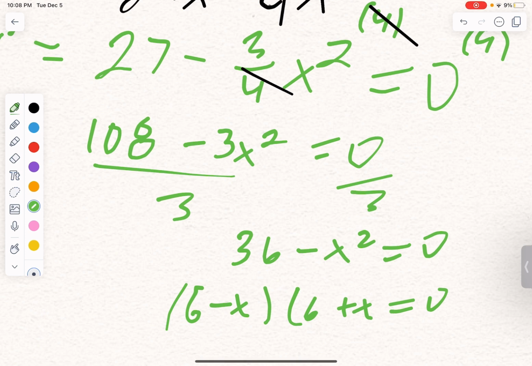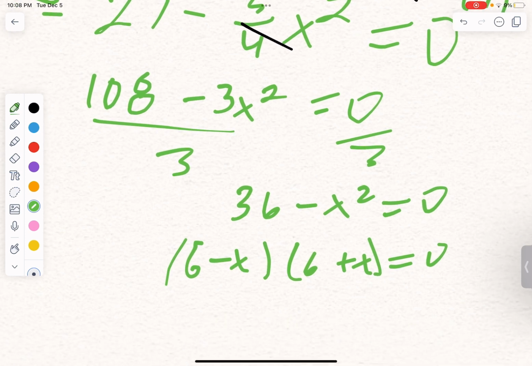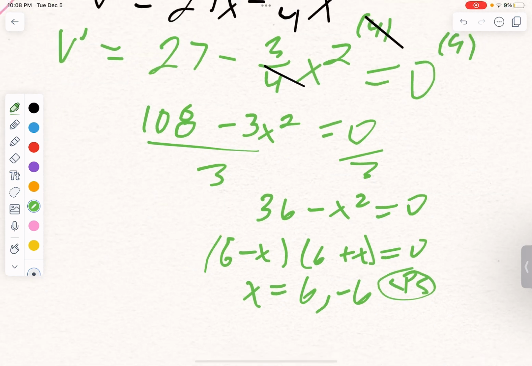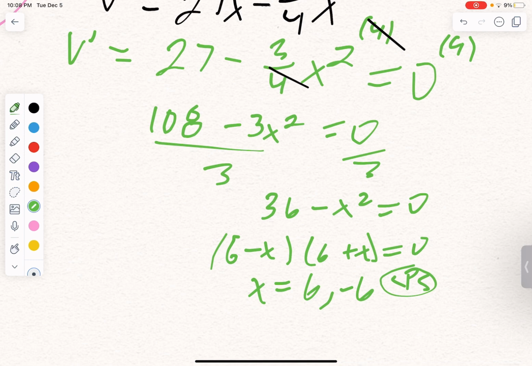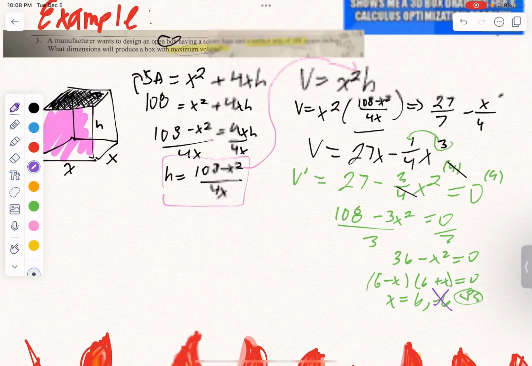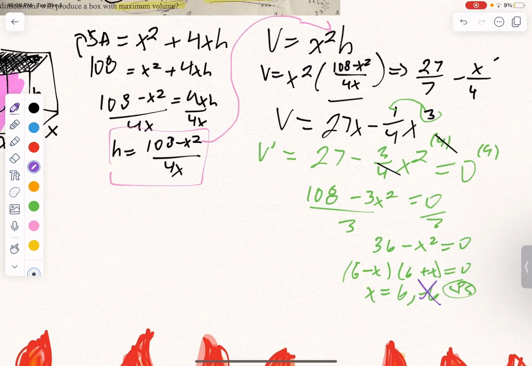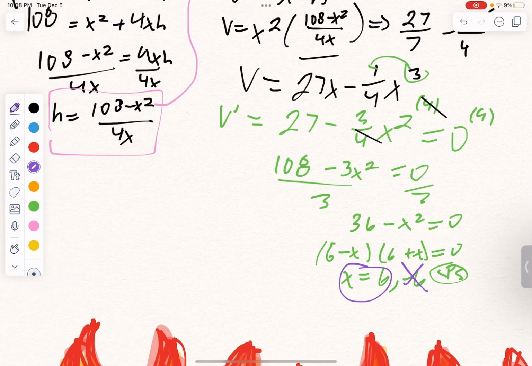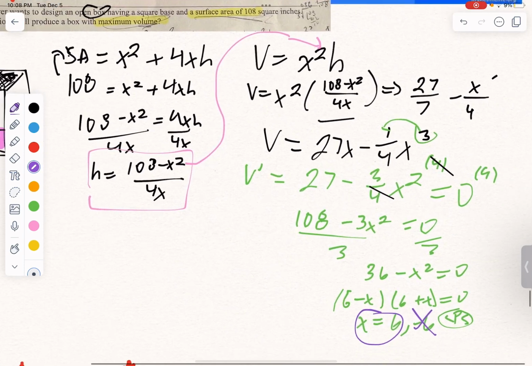When you make both of these equal to 0, you're going to end up with x equals 6 and negative 6 for your critical points. But what's important to note is that it can't be negative 6, because x can never be negative. You can never have a length of something being negative. So you're going to use x equals 6.